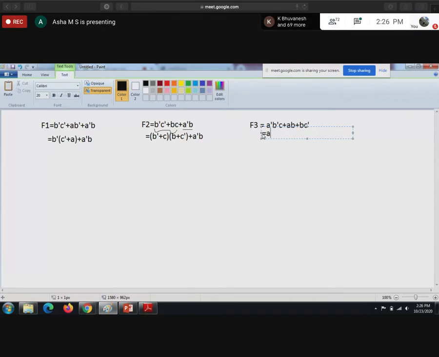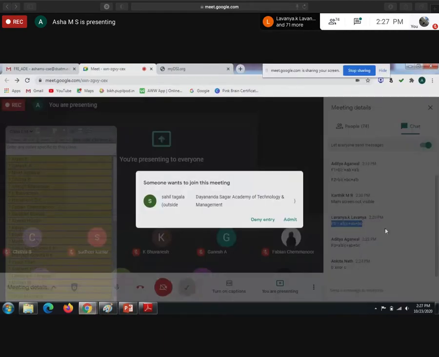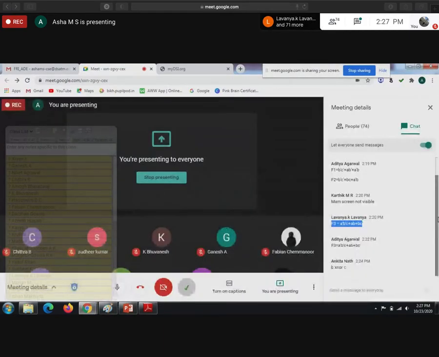This is equal to A bar B bar C plus, taking B out, A plus C bar. Any more simplification? Is it possible to do any more simplification of F1, F2, F3?